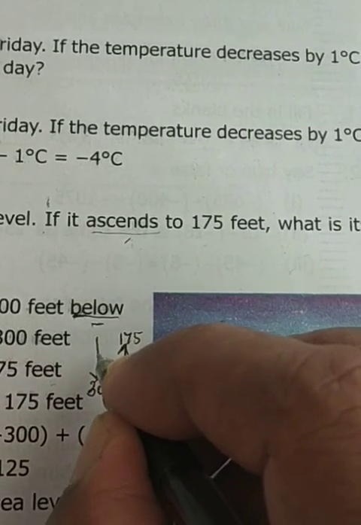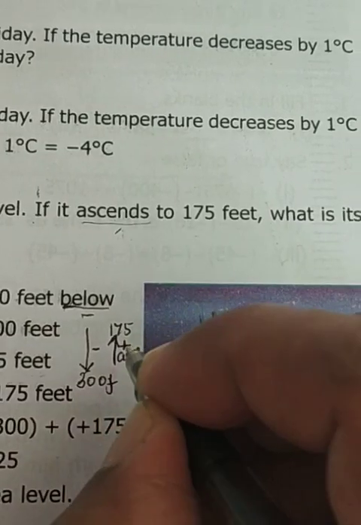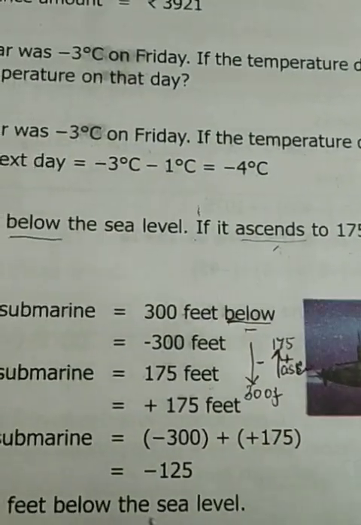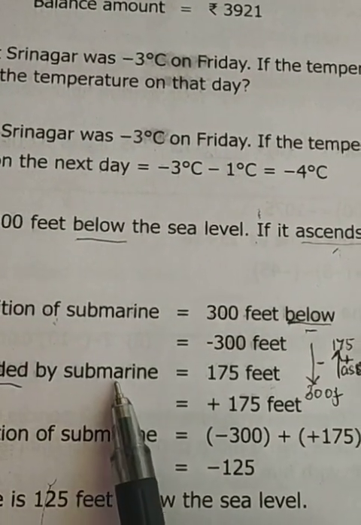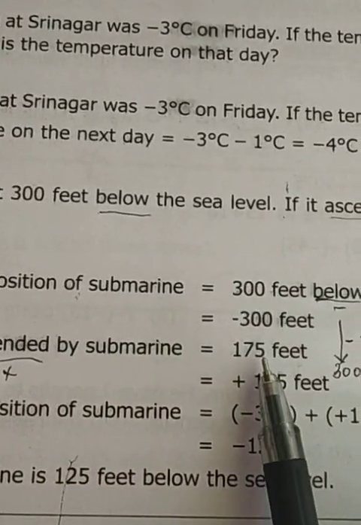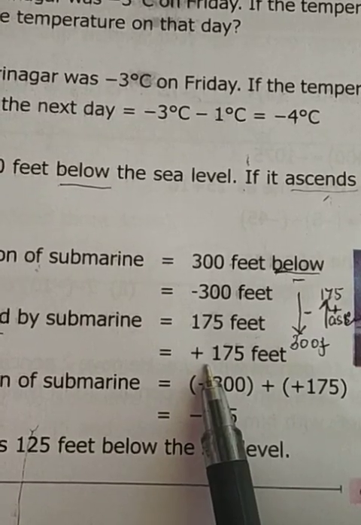So this shows the minus negativity, and this one shows positive. So we have to write like this. It ascends by 175 feet means it moves up. So it is plus 175.